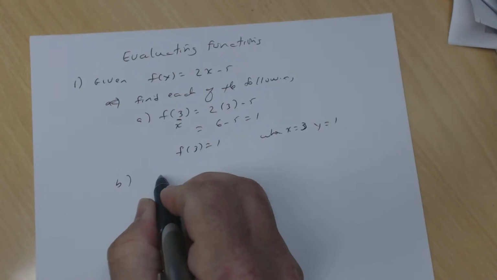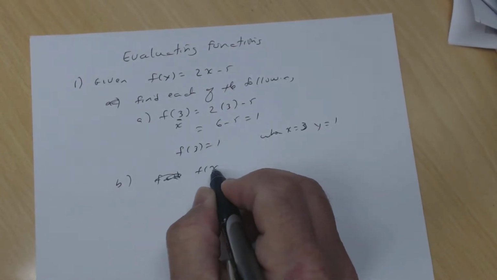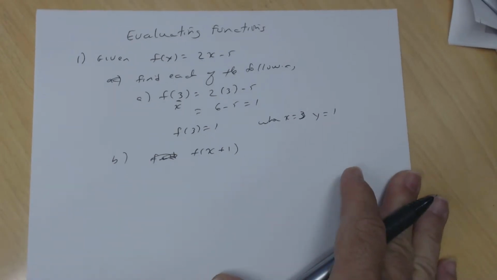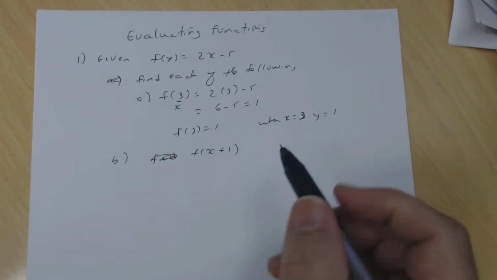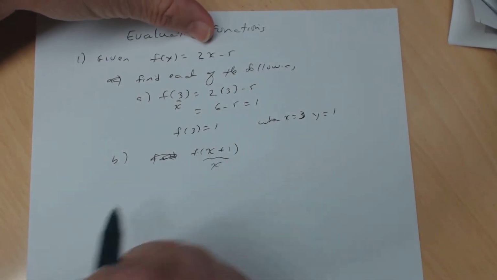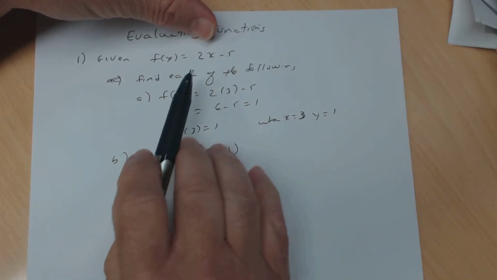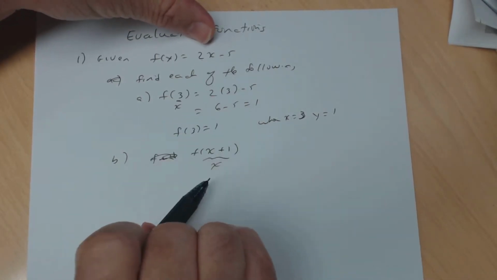Okay, B, suppose you want to find f of x plus 1. Again, wherever we see the variable x, remember, this took the place of x, and x is now x plus 1. So wherever we see the variable x, you're going to plug in x plus 1.